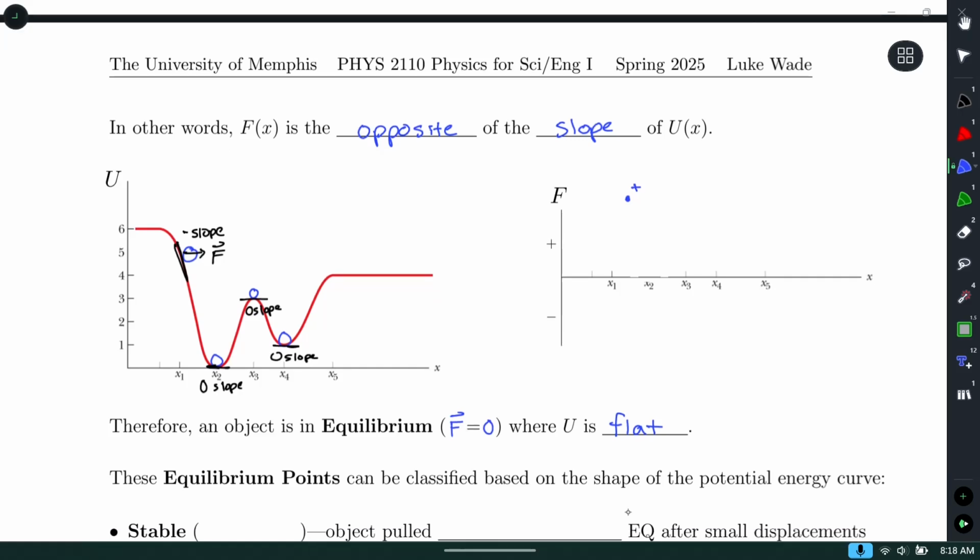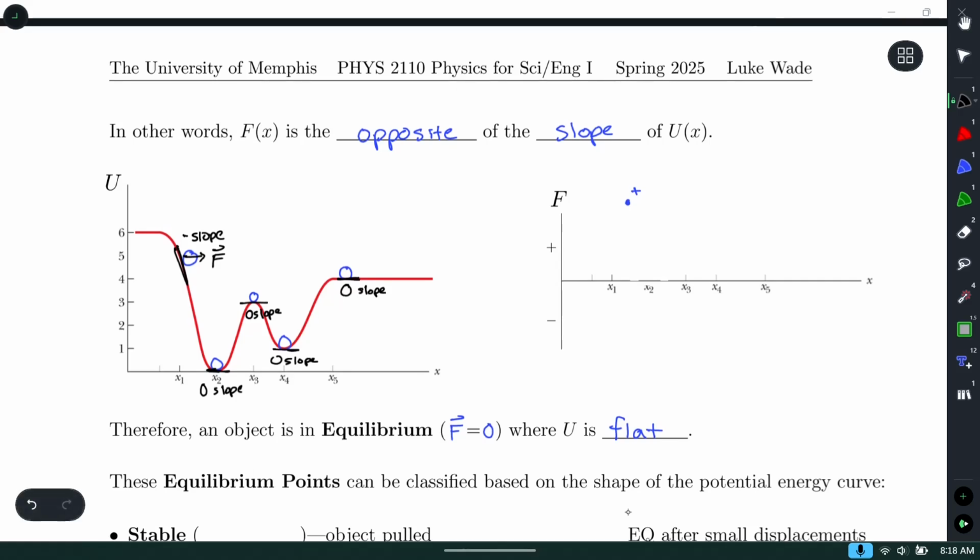Would you say that X5 is 0 as well? Yeah. And what you're noticing there is it's sort of an extended equilibrium. We've got 0 slope for a while, and then even up before X1. Our imaginary boulder would just sit at each of these points if we didn't give it a push. It would just stay there.